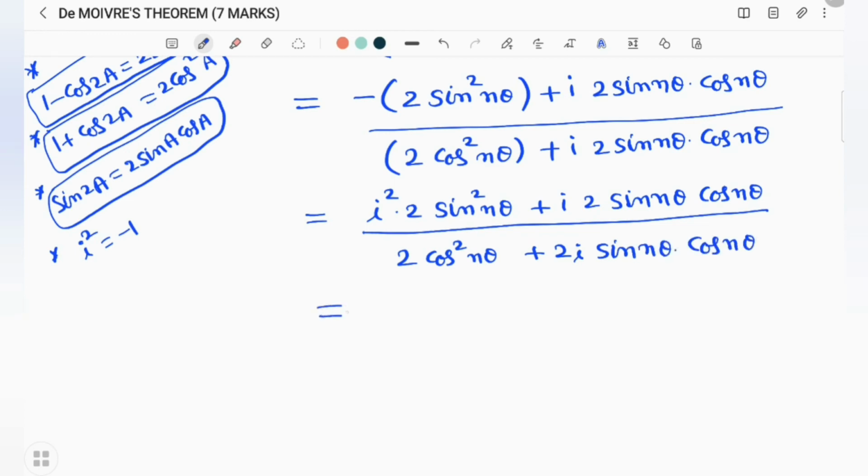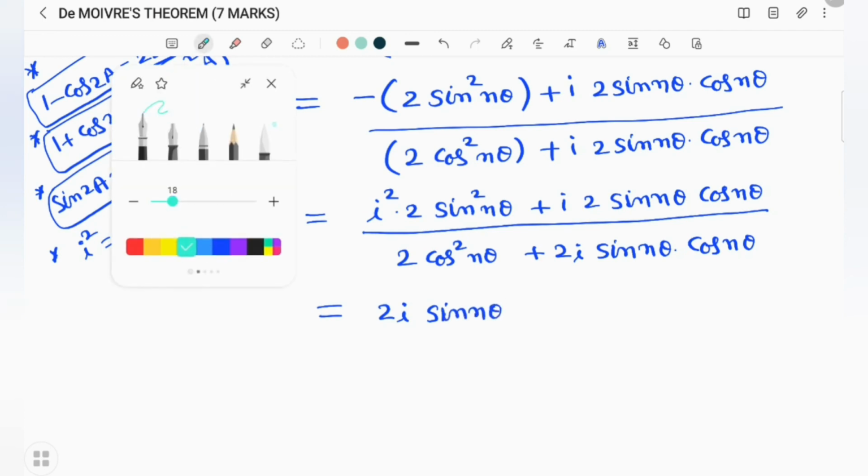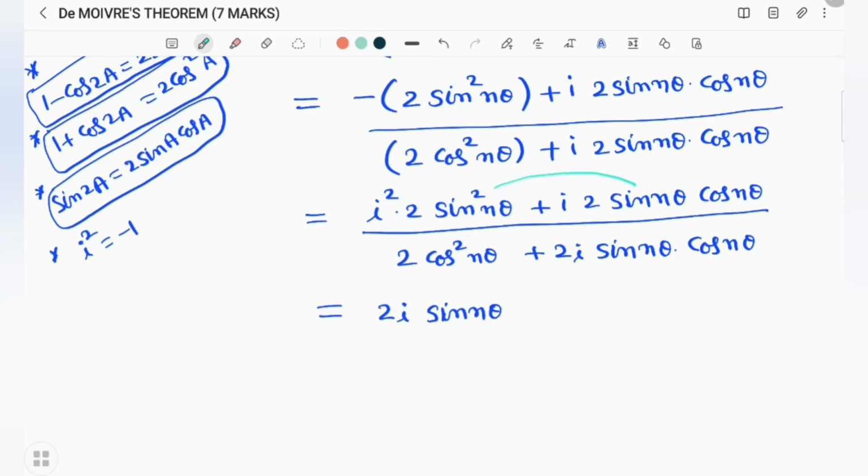Now take common from the numerator 2i sin nθ. So from the denominator, 2 cos nθ.